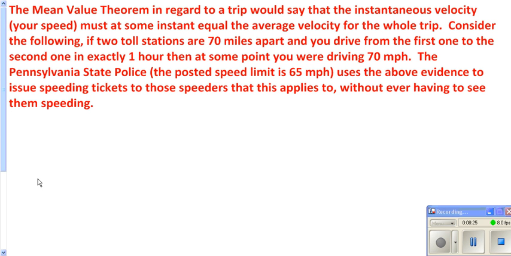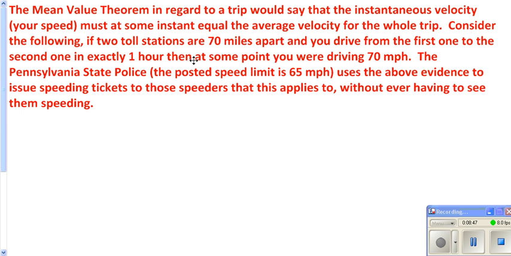Here we have the mean value theorem in regard to a road trip. You have 2 toll stations, 70 miles apart. You drive it in exactly 1 hour. Therefore, your average speed was 70 miles an hour.